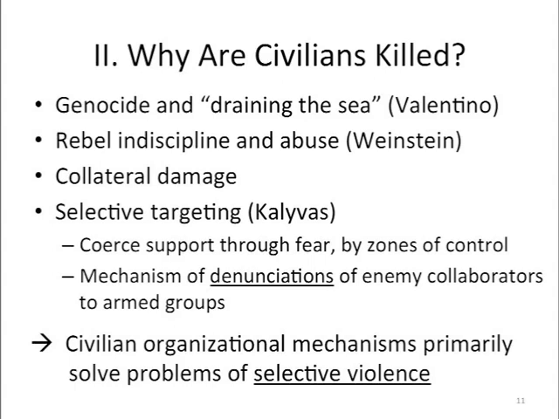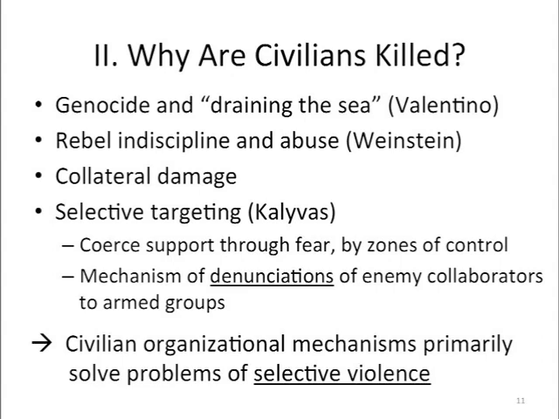A third kind, which is quite common and quite obvious, is collateral damage. Just errant bombs, unintended fighting that causes unintended harm to civilians, so civilians caught literally in the crossfire of a battle and those kinds of things.